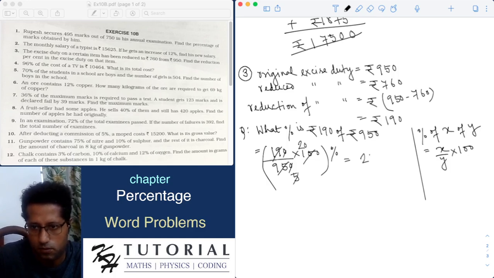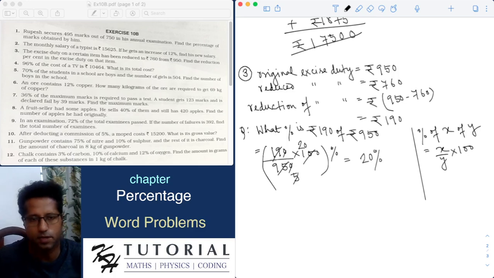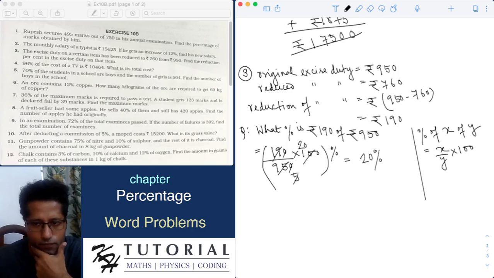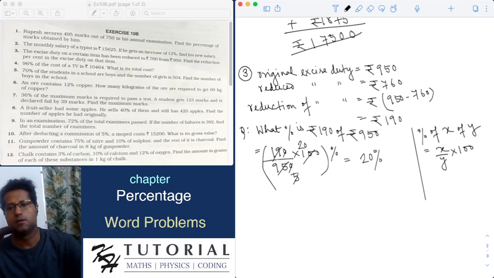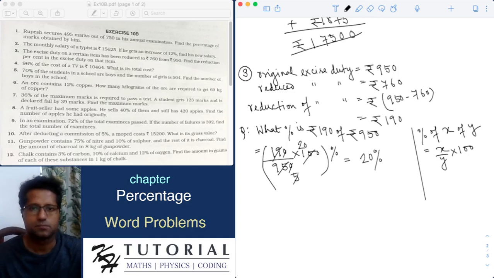So this is 20. The reduction was 20%. If you see, 20% of rupees 950 was reduced, and after the reduction the new excise duty was rupees 760.